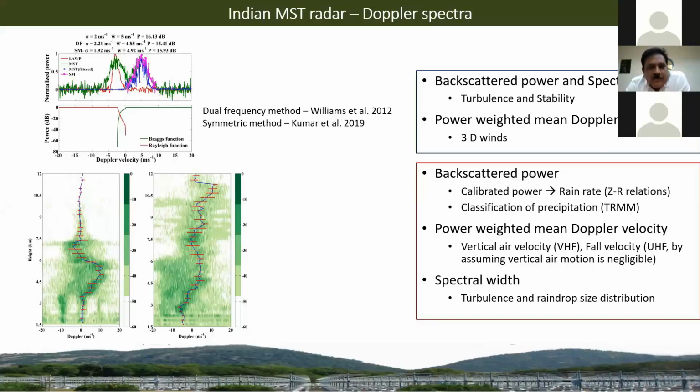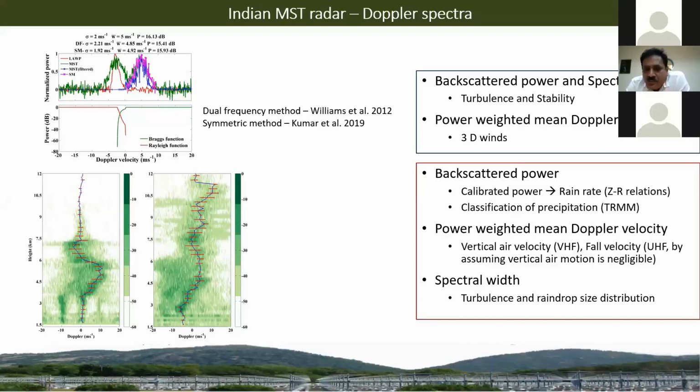Similarly, from the moments you get from the precipitation echo, if you can calibrate the radar, you can get the reflectivity factor, and then relate it to the rain rate. You can also use this information to classify what type of precipitating system it is. Is it stratiform rain? Is it convective rain? Does it have any radar bright band? So we can classify the type of precipitation using the backscattered power.